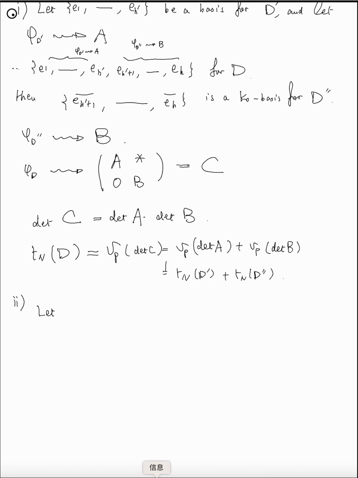So let e_i, with i bigger or equal to 1 and less or equal to h1, respectively f_j, be a basis for D1, respectively D2.